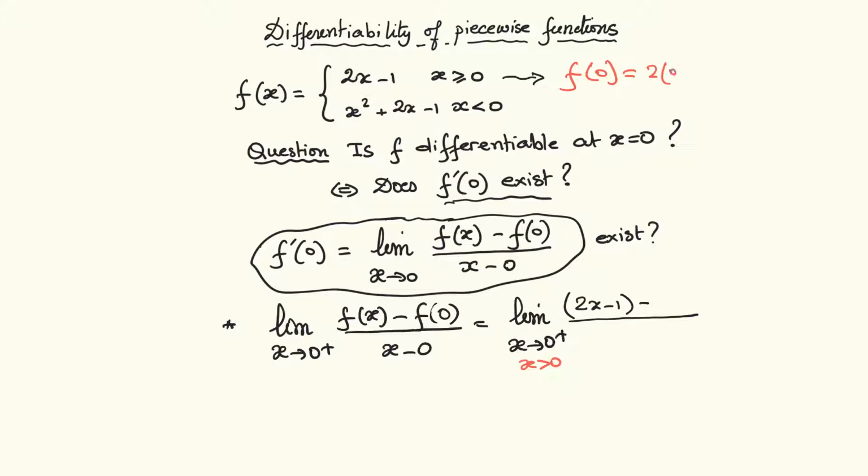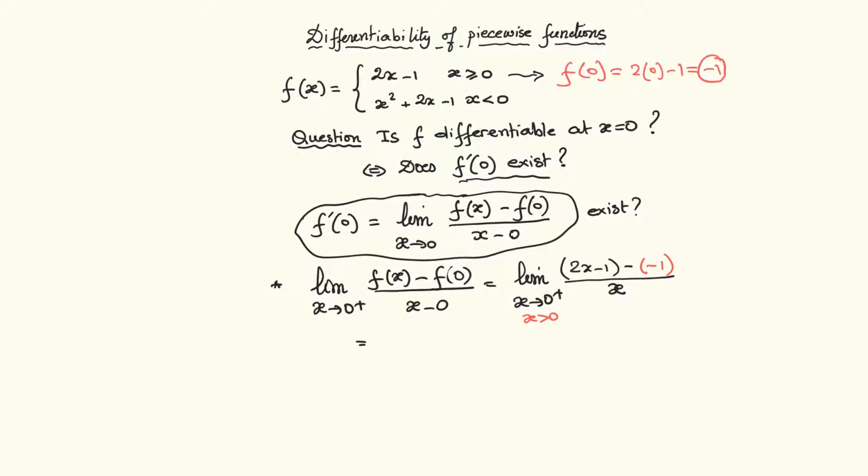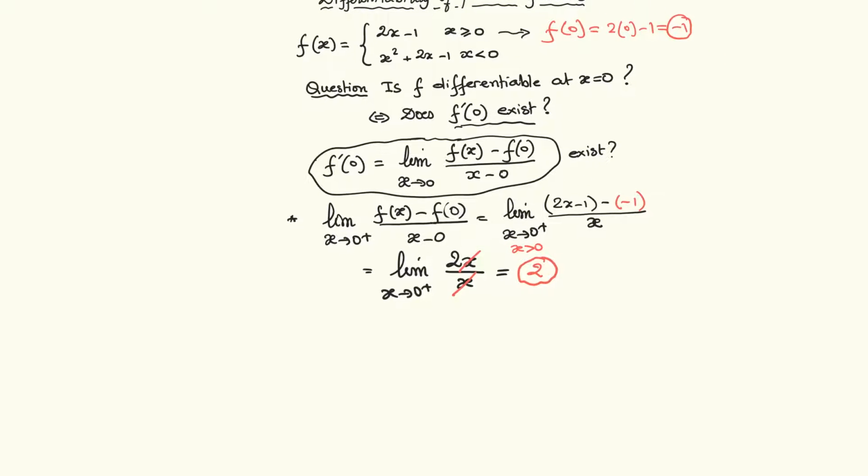So 2 times 0 minus 1, which will give us minus 1. So that minus 1 comes here over the x. And that limit, of course, minus 1 plus 1, so that is just 2x over x as x goes to 0 plus, and the x with the x will simplify. So the limit from the right is equal to 2.